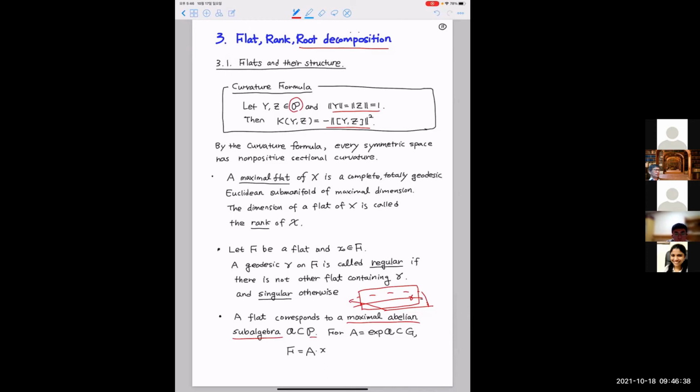For the capital A, this is the image of the exponential map, so this is a maximal abelian subgroup of G. Then by using the exponential map from G to X, you can define the maximal flat F. So always you can write the maximal flat F as A·x0, for some maximal abelian subgroup A of G.